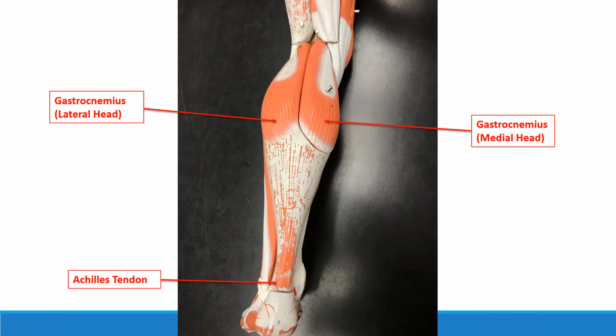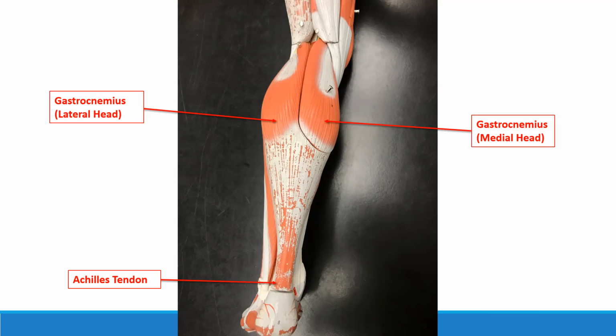The gastrocnemius lateral head and medial head come together, and the origin of the gastrocnemius is the condyles of the femur. More importantly, their insertion is on the calcaneus by way of the Achilles tendon. This is the famous or infamous Achilles tendon that tears.